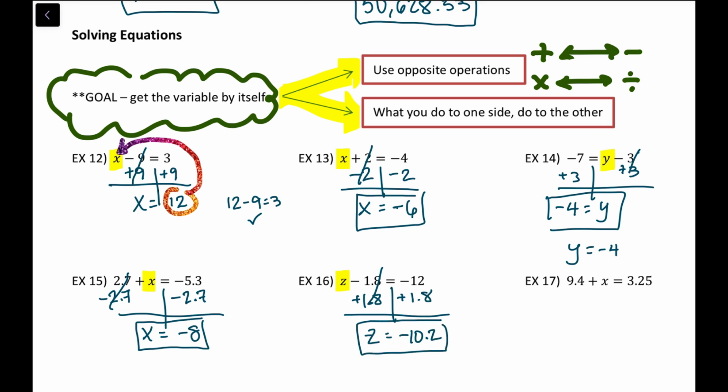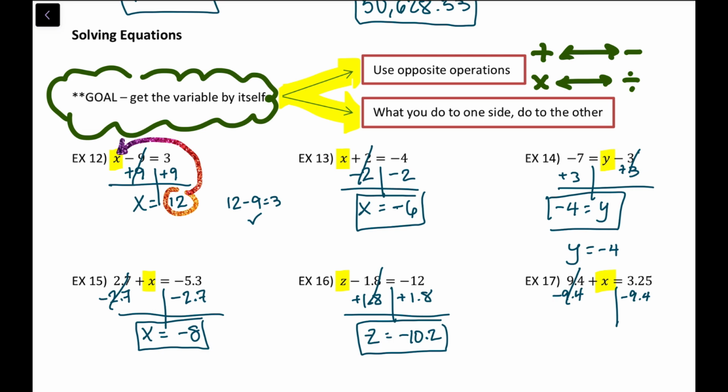Check those in the calculator. Make sure you're typing it in correctly so that you know on test day you can be confident that you're using your calculator correctly. Find your variable term. What's happening to it? I keep forgetting my line at the equal sign. It's a positive 9.4. The opposite is a negative or minus 9.4 to the left and the right.